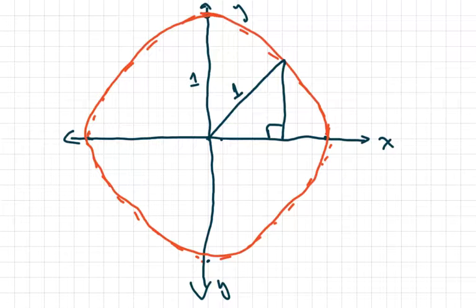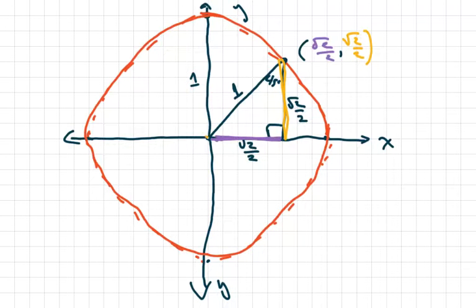So the side across from these 45 angles here is square root of 2 over 2. That means at this point here, my x is square root of 2 over 2, and my y, the vertical, up and down, is square root of 2 over 2.